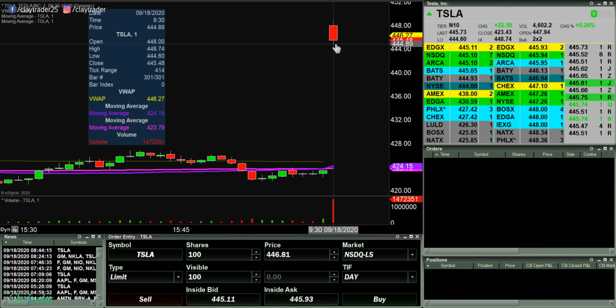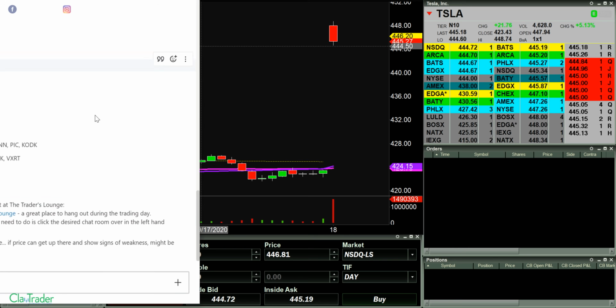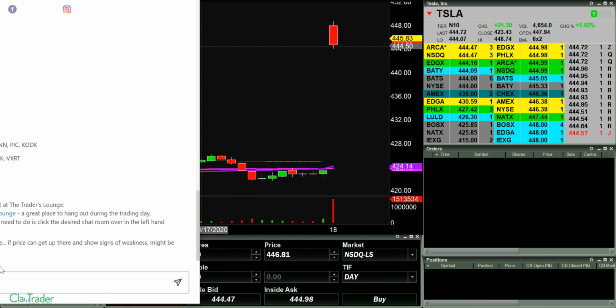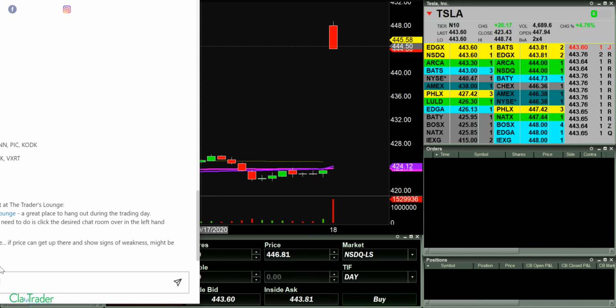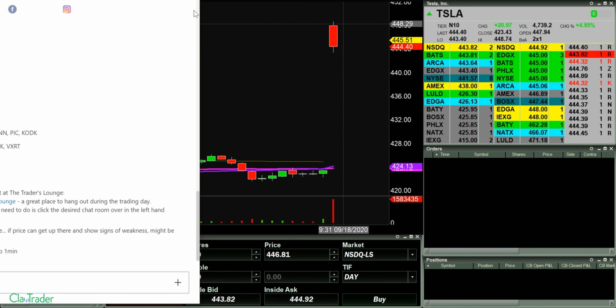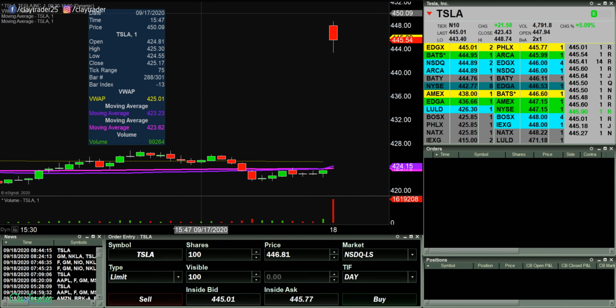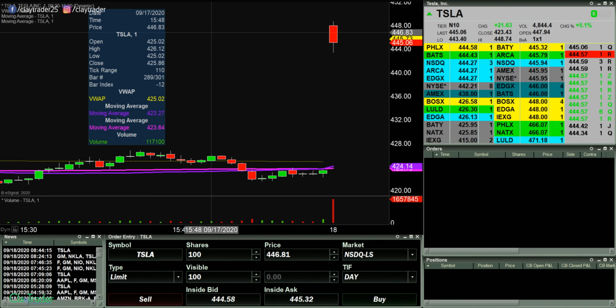But that high of 448.75 looks interesting. 448.75, upside breakpoint for scalp, 1 minute. But I don't even think that's going to come into play right now. I suppose the price could snap back up there given it's Tesla, but we'll see what happens.